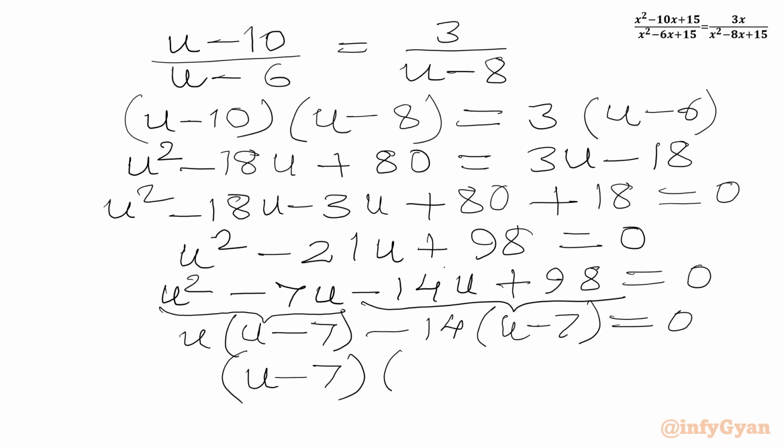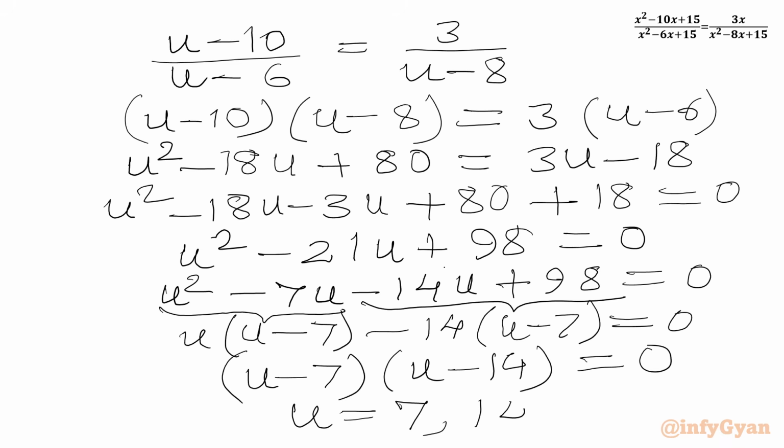We will write u minus 7 times u minus 14 equal to 0. Using the product 0 rule, we are going to get either u minus 7 equal to 0, so u will be 7, or u minus 14 will be 0, so u will be 14. So we have two values, 7 and 14, for variable u.